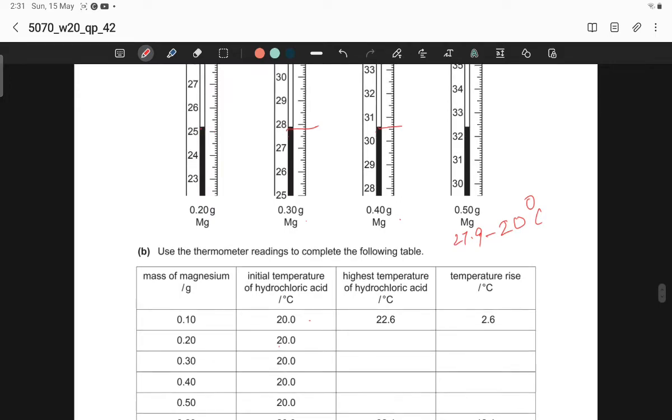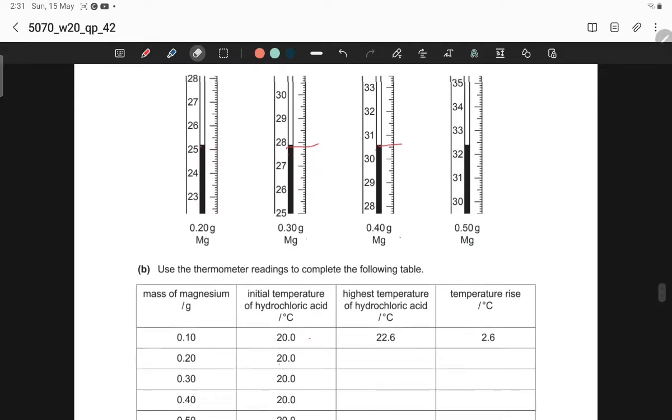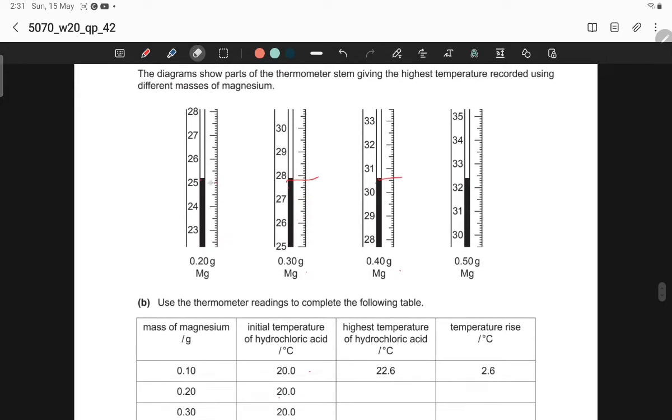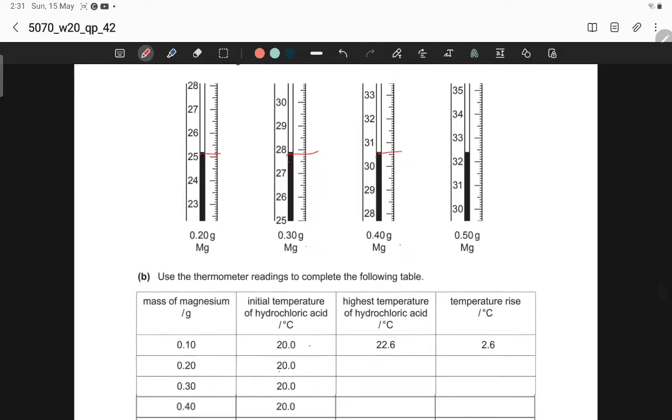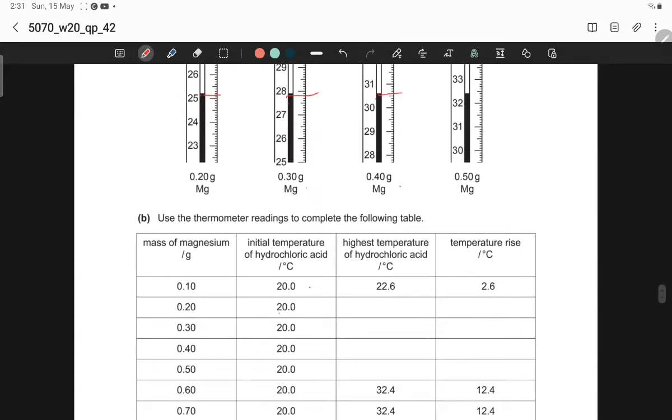So next, this is the temperature change. For 0.10, the initial temperature is 20 and this is 22.6, and by subtracting it is 2.6.